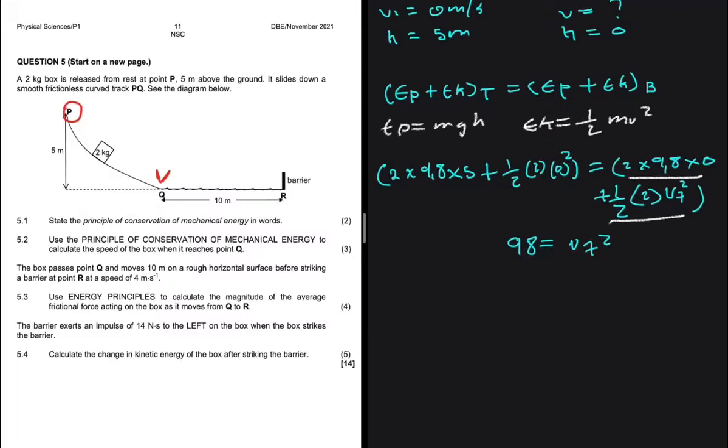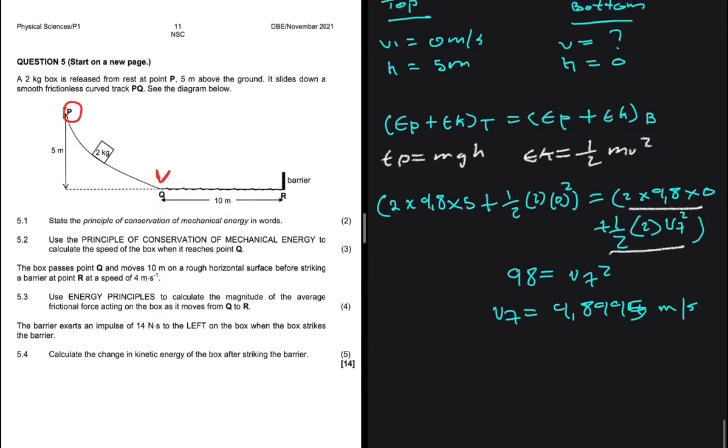Now we're essentially taking the square root on both sides, and if you do that, we're going to get Vf is equal to 9.8994, meters per second. 9.8994, not 9.5, by the way, meters per second. So that's the speed at point Q, using the principle of conservation of mechanical energy.